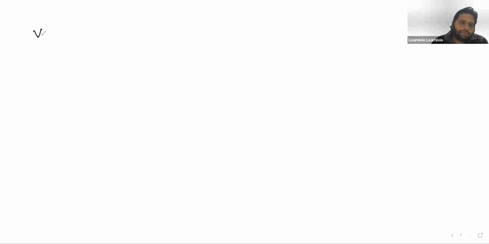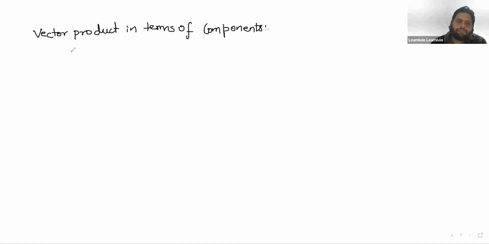Next is vector product. Vector product in terms of components.